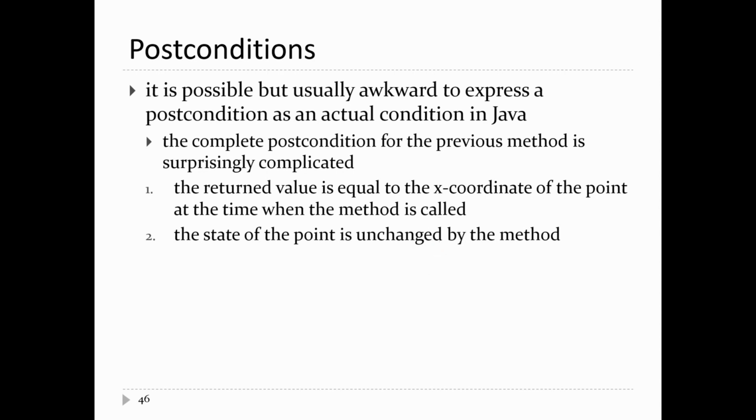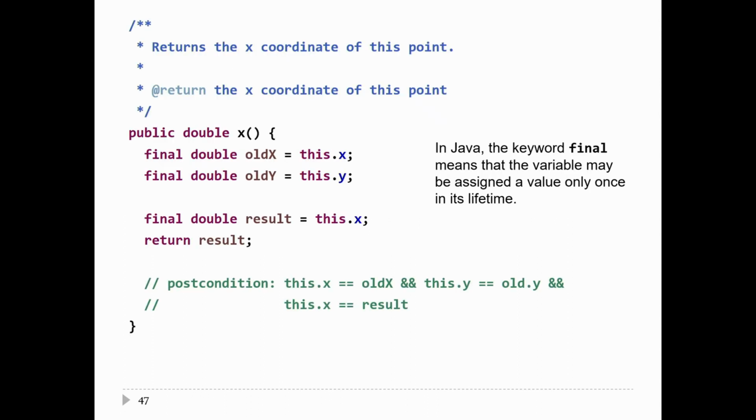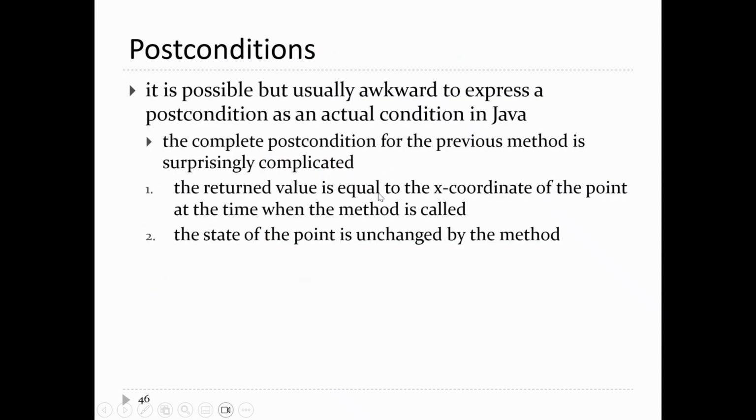So you can actually write all of this out as a condition. First of all, I'm going to rewrite the method. Notice that it becomes very complicated. If I want to state the postcondition of this method, I need somehow to capture the fact that the state of the point is unchanged. In other words, I need the x coordinate and the y coordinate of the point immediately after the method was called.